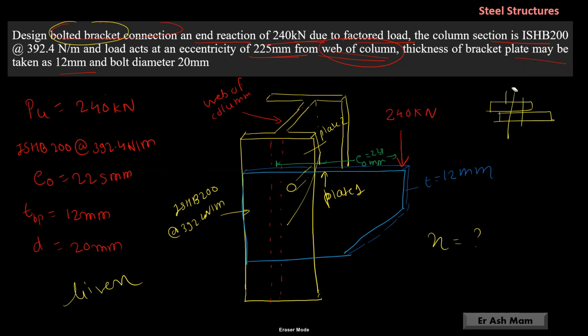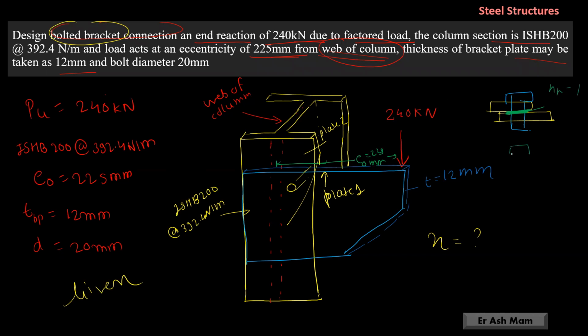Then the bolt will fail in shear due to single shear. Shear failure is possible at only one section, that is NN equal to 1.